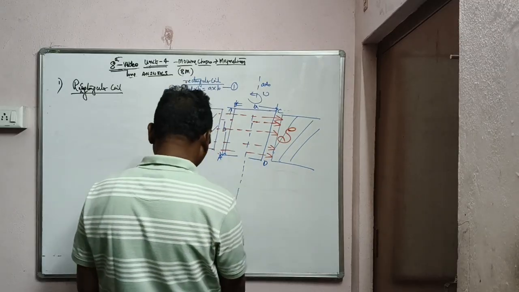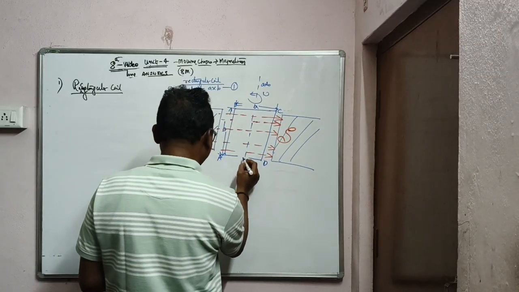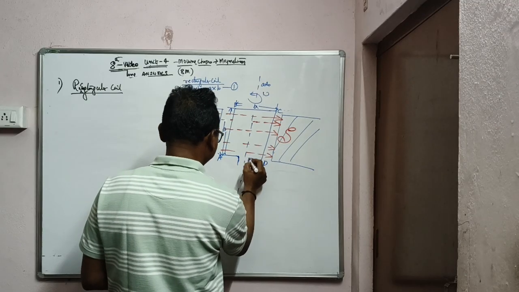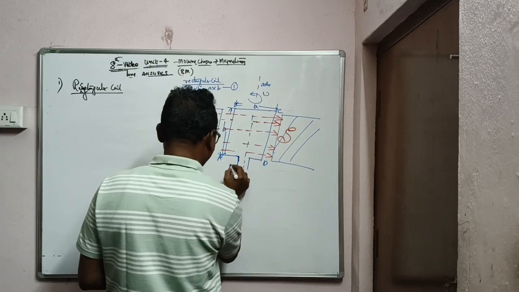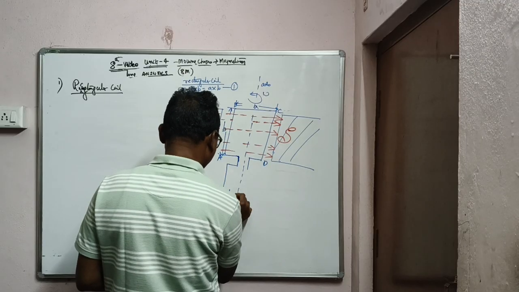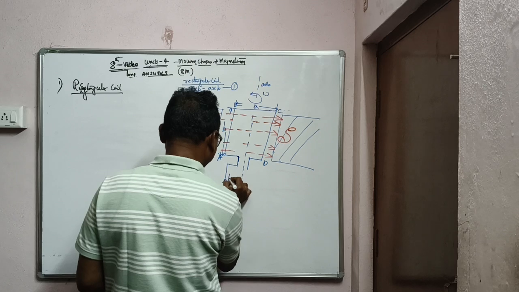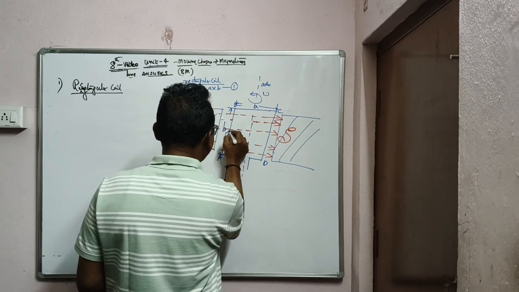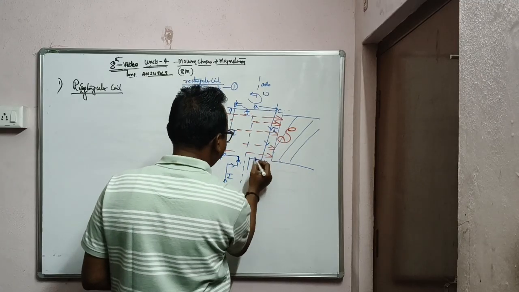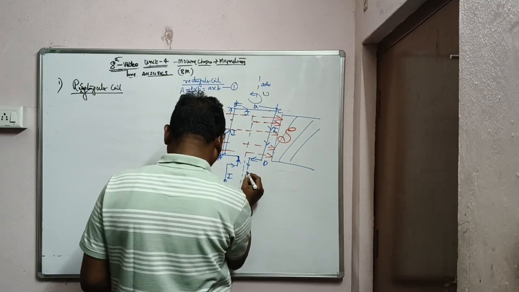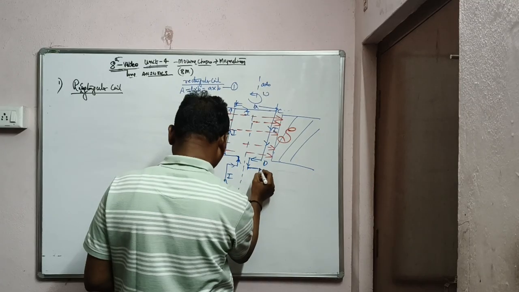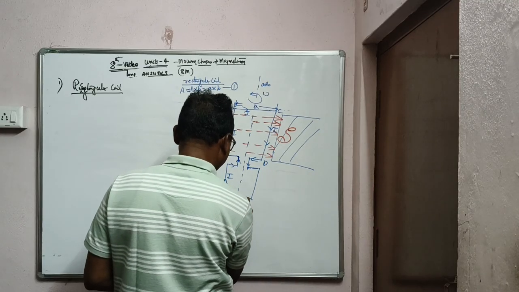Then it is connected, I'm continuing the diagram. It is connected to an external battery, plus minus, so current is passing in this fashion, I, in this direction, and again coming back, I. It is connected to small carbon brushes and other things, you all know these, but still for a better experience I am drawing, and here minus.